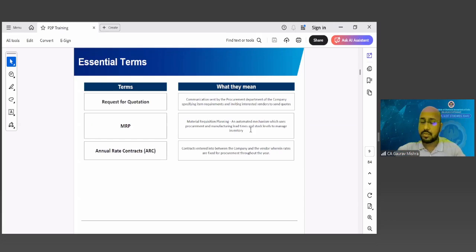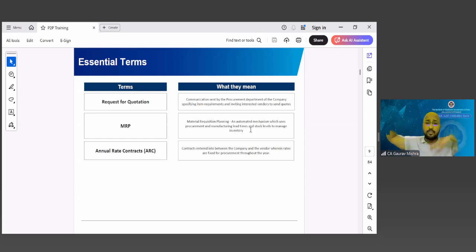Now someone may ask a question, or some questions may arise in someone's mind. What could that question be? Are there any chances where the system can give an incorrect report, or give the planning data without considering the stock in hand or PO in pipeline? Yes, definitely, there may be chances.